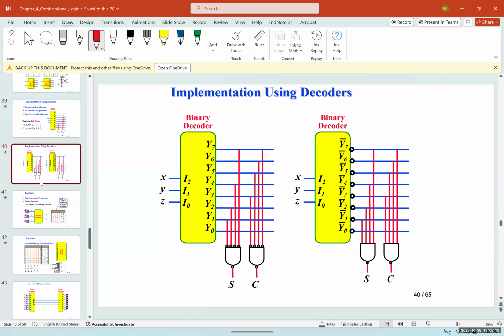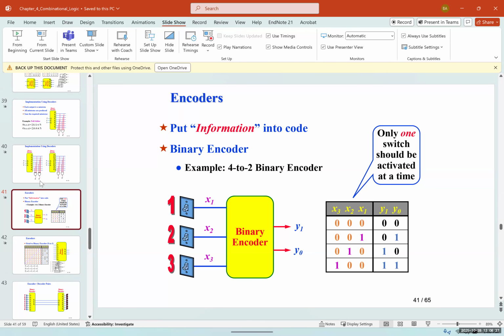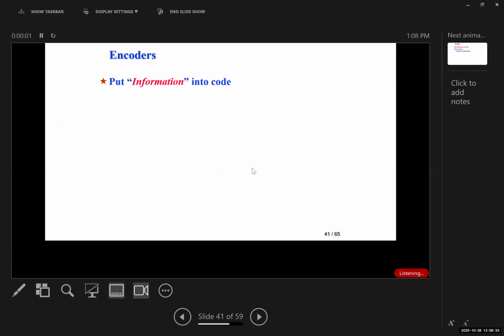Now, the next type of combinational logic circuit that we have is called the encoder. The encoder is the opposite of the decoder. So we put information into code and we create a binary encoder.